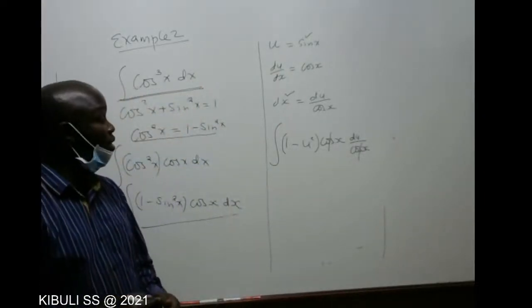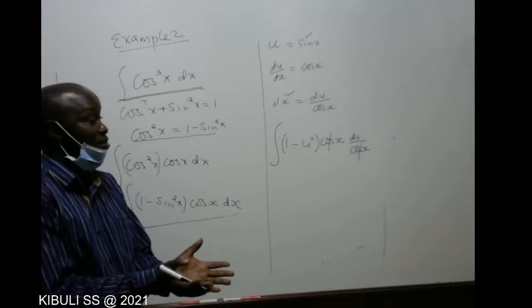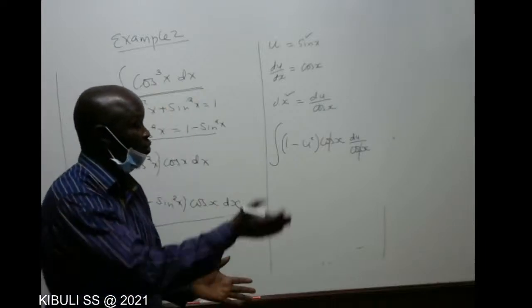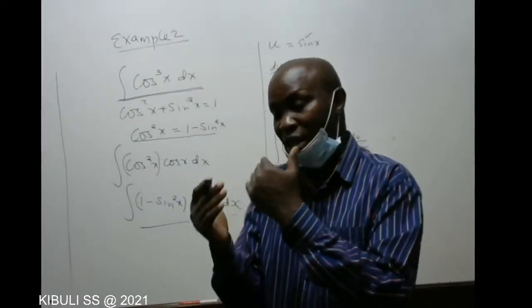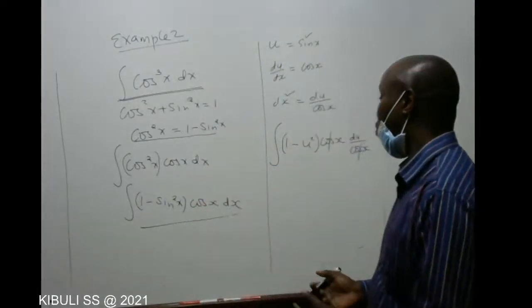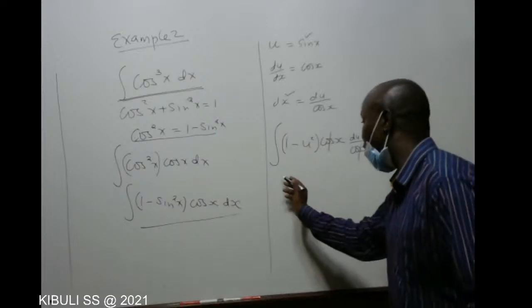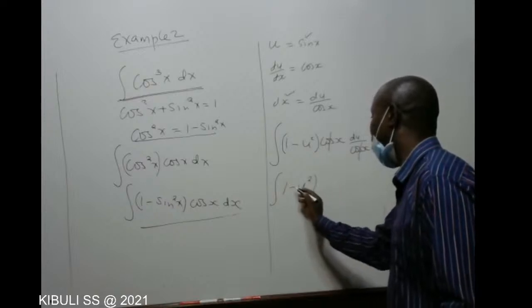That's why you ignore the derivative, because we are aware that the derivative will come out of the function and it's going to cancel out along the way. So it cannot attract our attention, and we continue with the function, which is the integral of 1 minus u squared du.